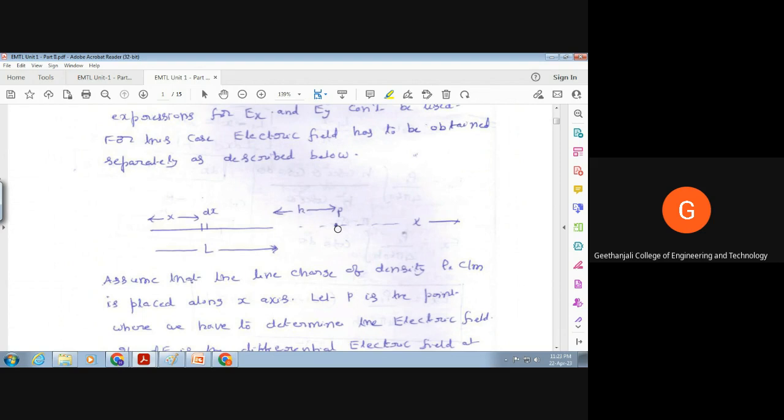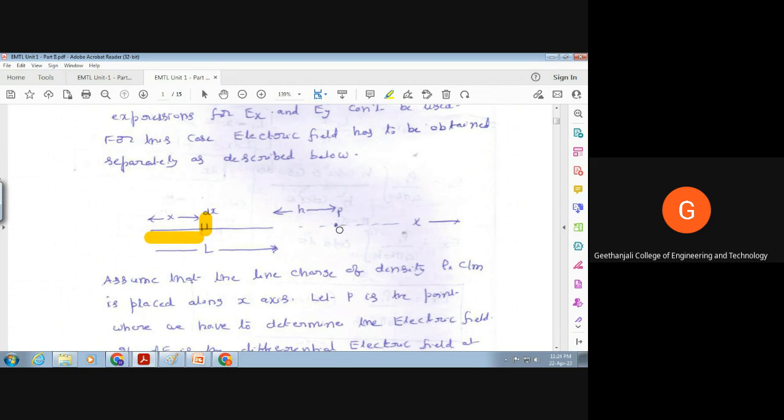But how do we proceed? How do we exactly carry out this operation mathematically? Because we know that integration is nothing but summation, at a distance of x meters from one end, let me consider a differential length dx. It has a charge of rho L into dx.